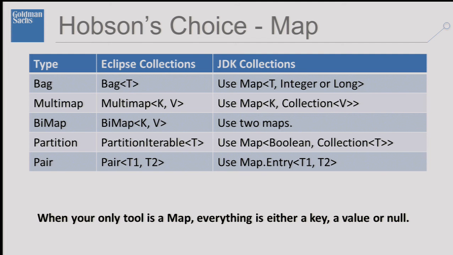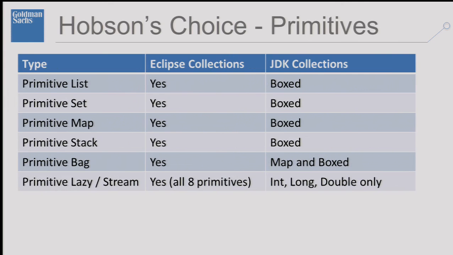With Java, you'd probably do that as a map of Boolean, true and false, and then a list of the items in each. And we have a pair type as well, which people often simulate with a Map.Entry if you're passing two objects or receiving two objects from a collection. When your only tool is a map, you end up implementing everything as a map, basically.